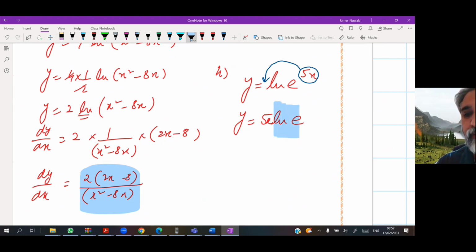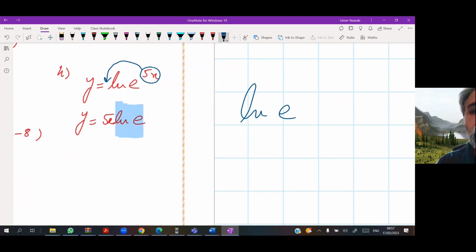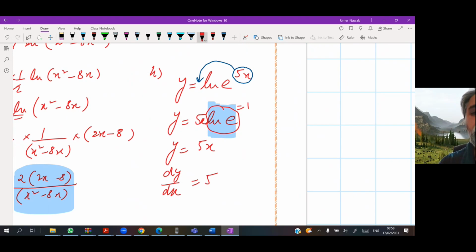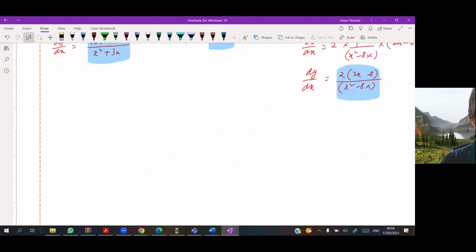And guys, ln of e, beautiful. ln of e is always equal to 1, because when the base and the argument are the same, the answer is always equal to 1. So before applying the differentiation, I'm just left with 5x because that thing equals 1. So what is the derivative of 5x? dy by dx is just 5. Very good. I love this question. Last part, L.